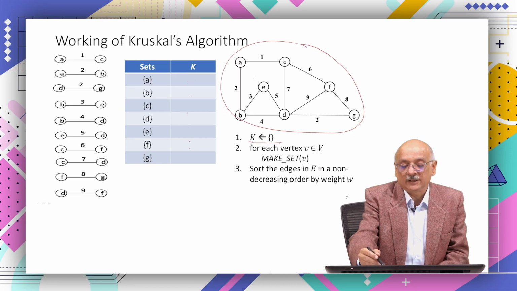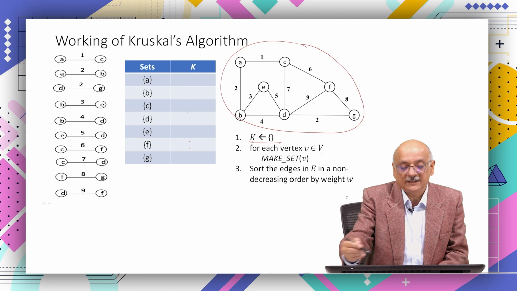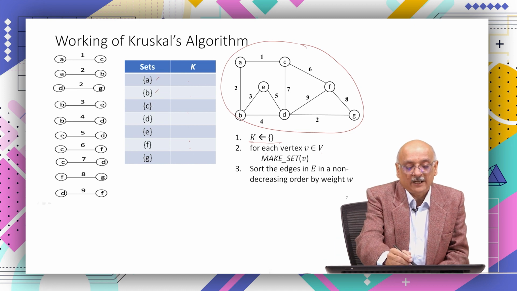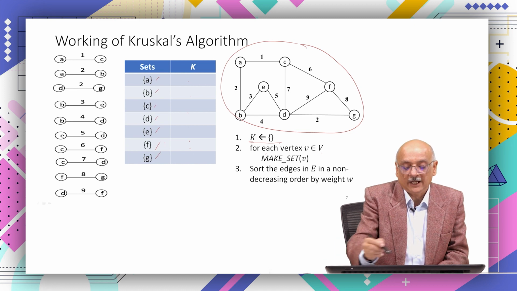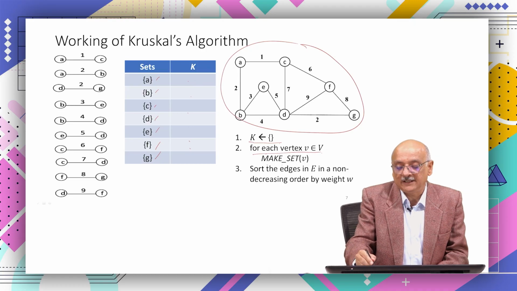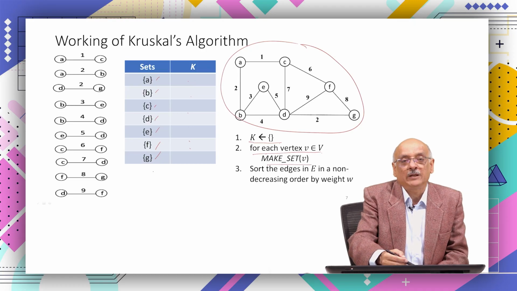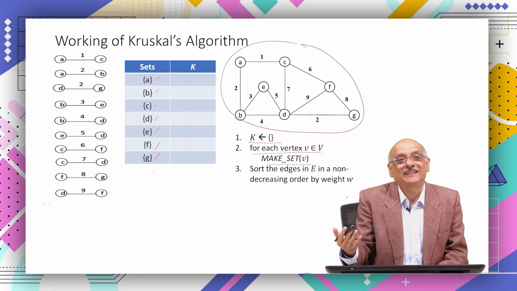What are these vertices? A, B, C, D, E, F and G. So we have made them as sets. How many sets have been made? As many as the number of vertices.